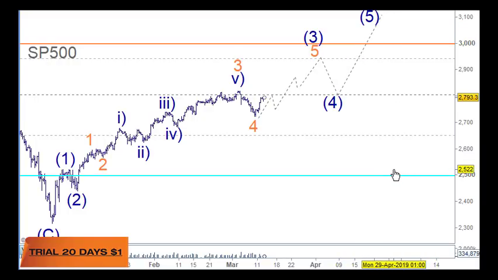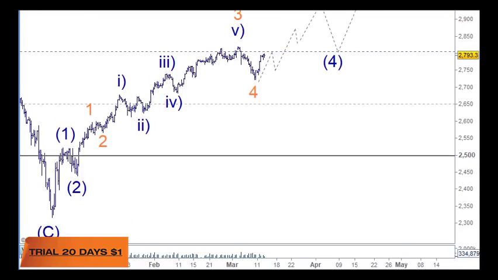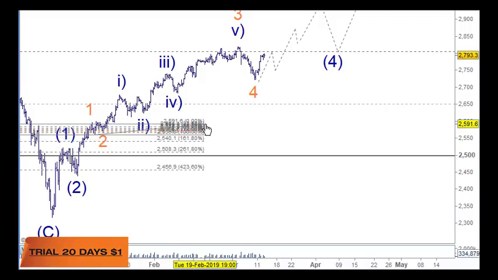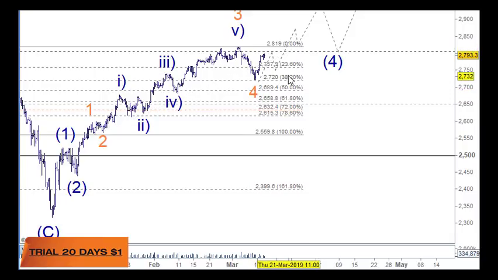So that would be the trade there. I mean, that would be the count. And also too, the other good point about this is if we take this low here from wave 2 low to the top of wave 3 here, then we come right in on the 38.2% retracement level for this wave 4 retracement here. So that makes sense there.